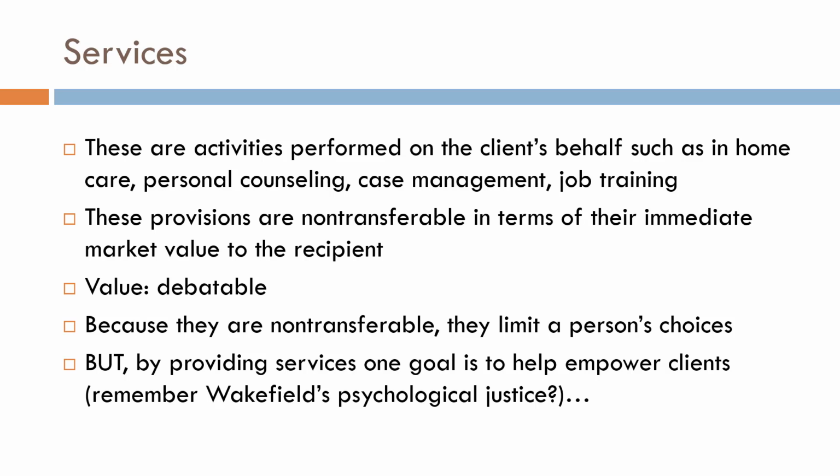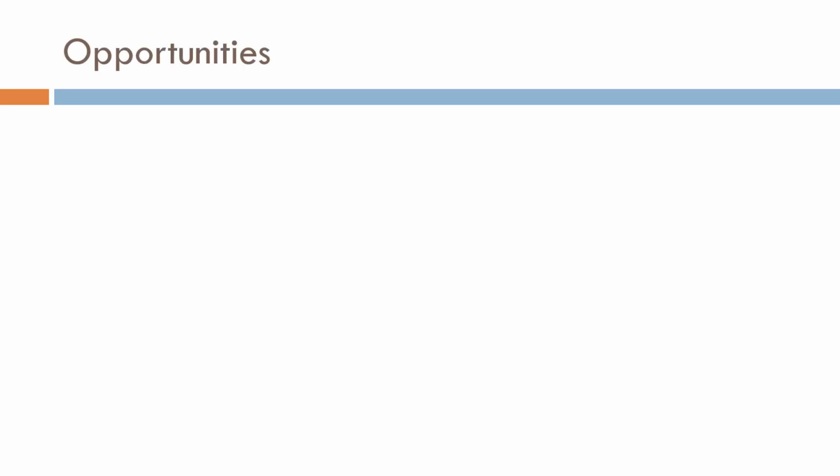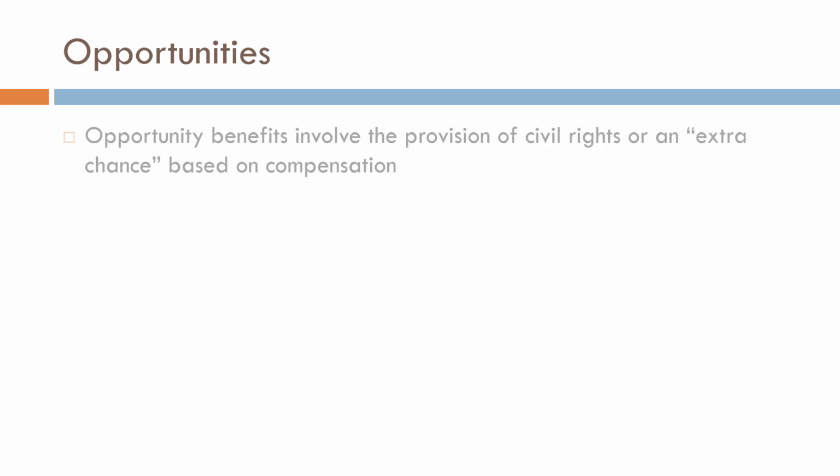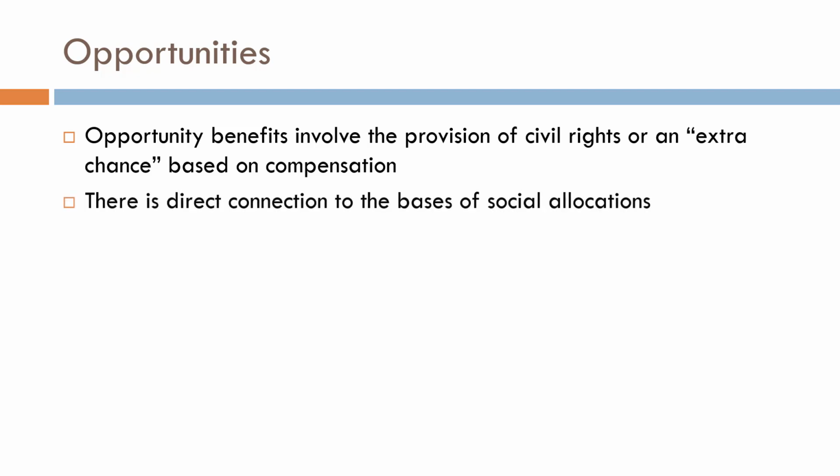It's a debate. Okay, opportunities are another form of in-kind benefit, and this involves the provision of some sort of civil right or an extra chance based on compensation. So this benefit ties directly to the eligibility criteria we went over in terms of compensation in the previous video, which is basically what this is saying, direct connection, et cetera. Okay.